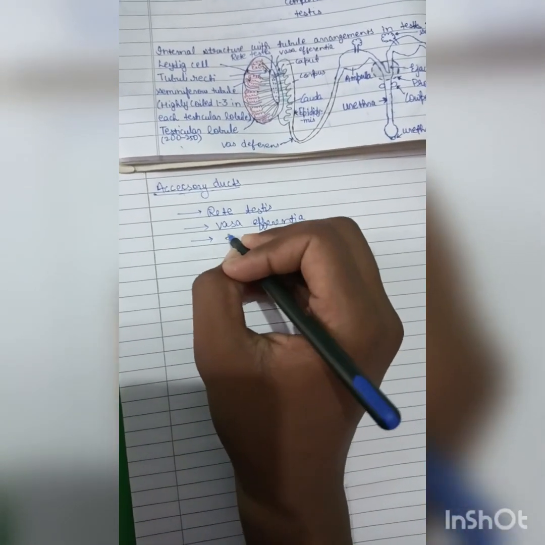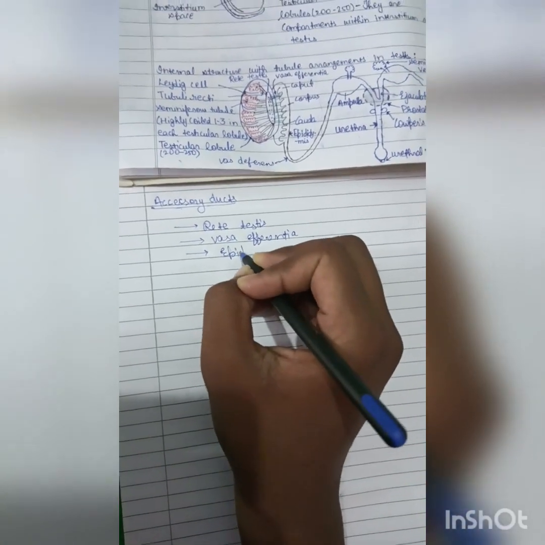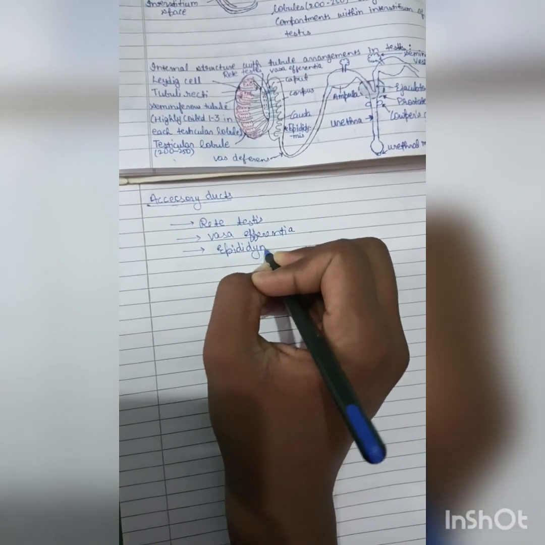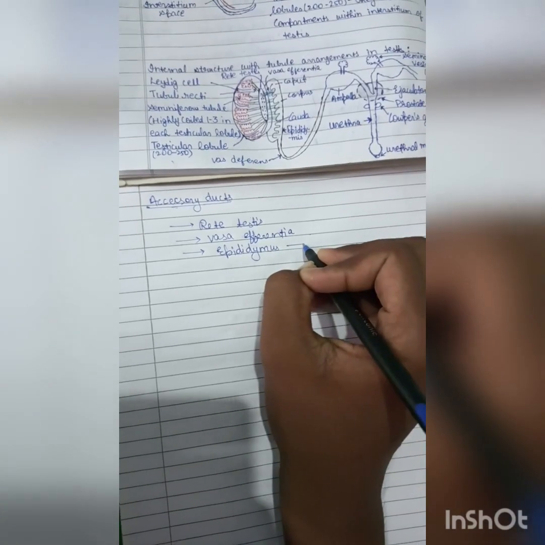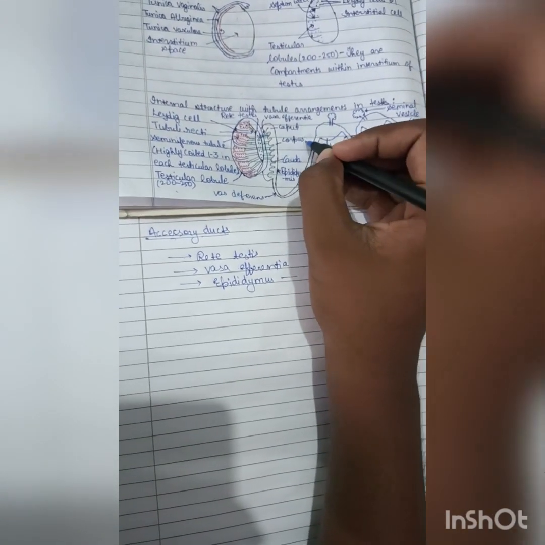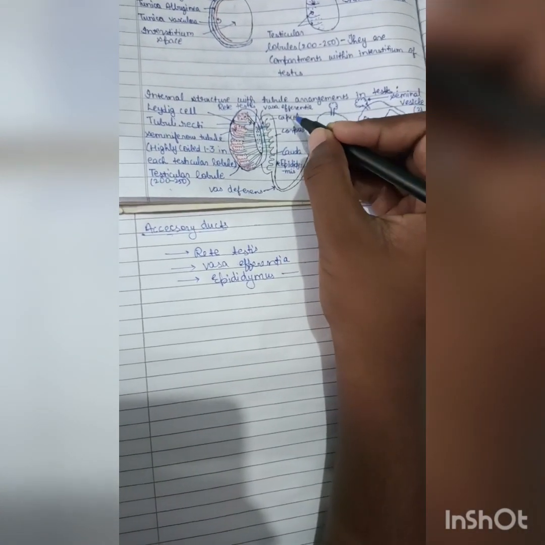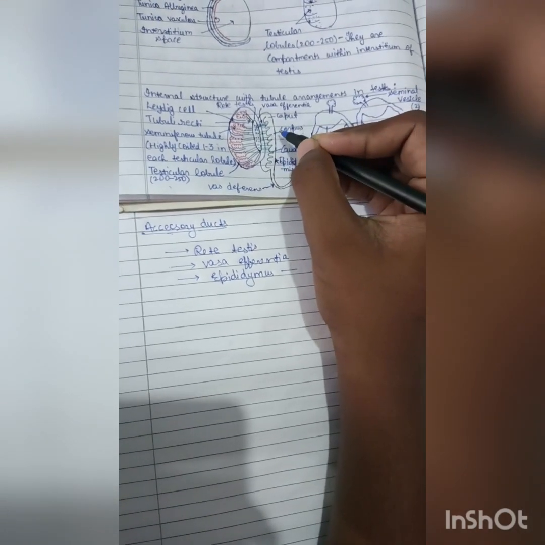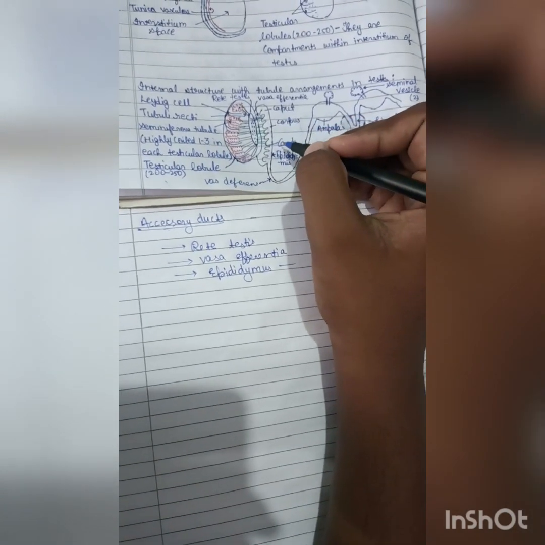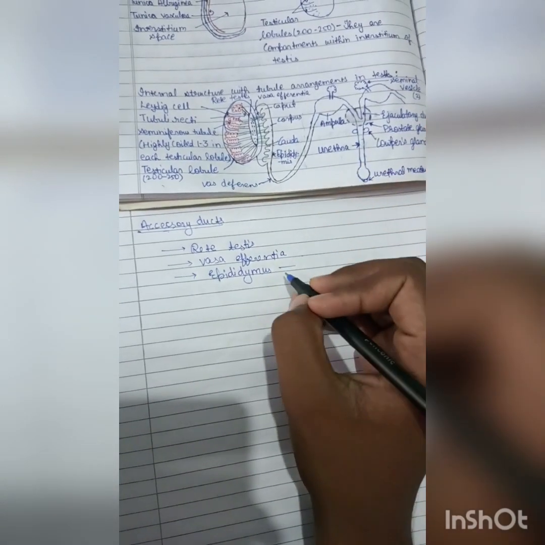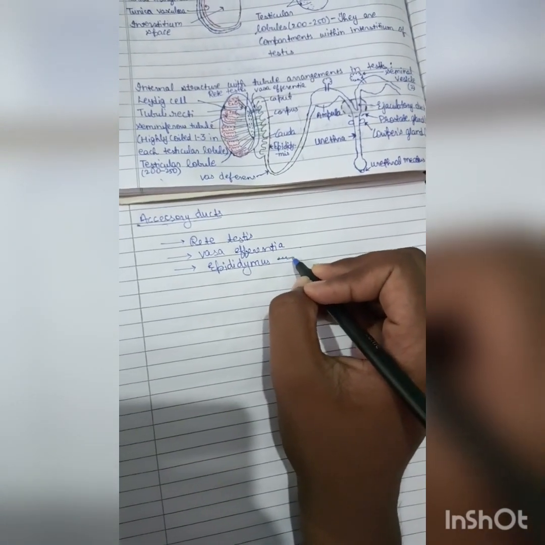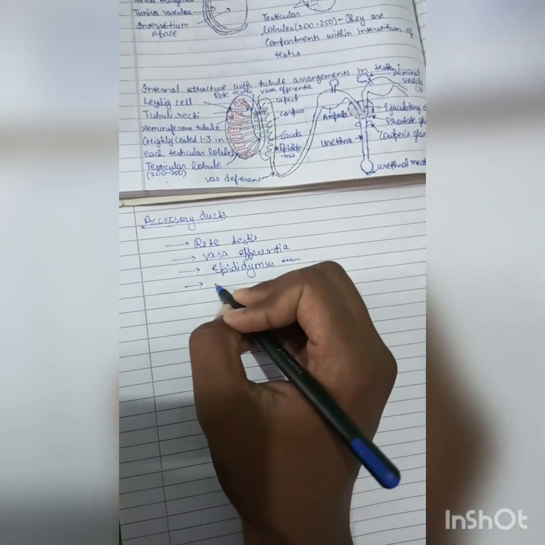Then we have the epididymis, which is further divided into caput, corpus, and cauda. It's nothing, just the upper portion is called caput, the middle one is called corpus, and the lower one is called the cauda, which is not much to mention. Let's just ignore it.